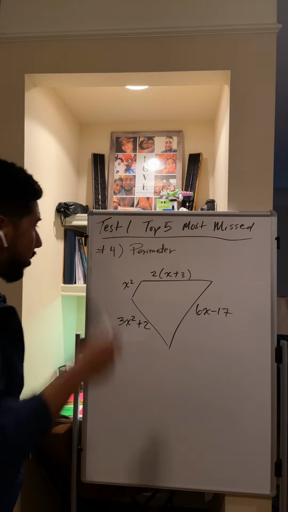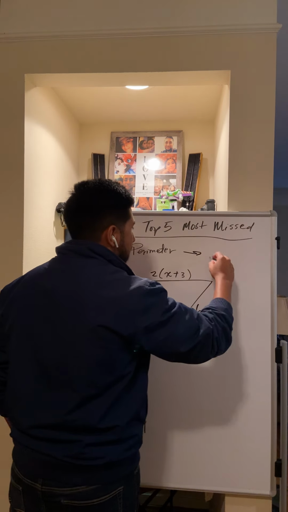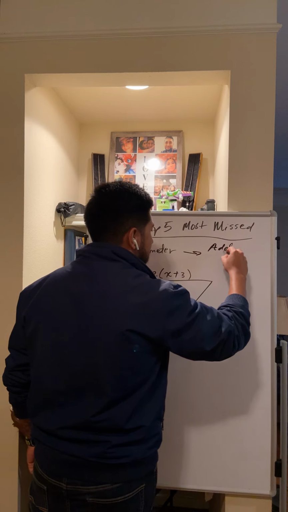Okay, so finding perimeter here, we should have remembered from our notes to add all sides.